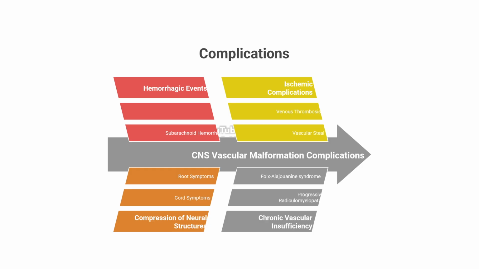Over time, chronic vascular insufficiency may result in progressive radiculomyelopathy, such as Foix-Alajouanine syndrome. Prompt recognition is key to prevent irreversible complications.